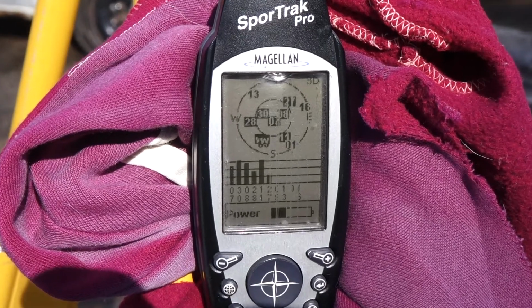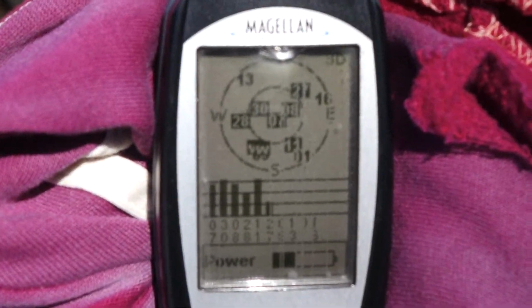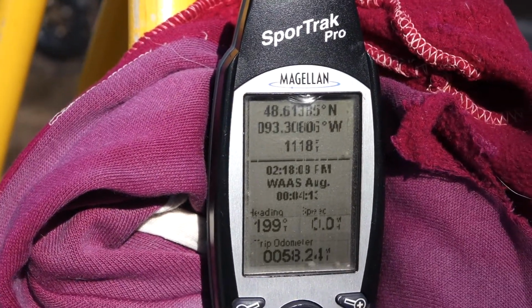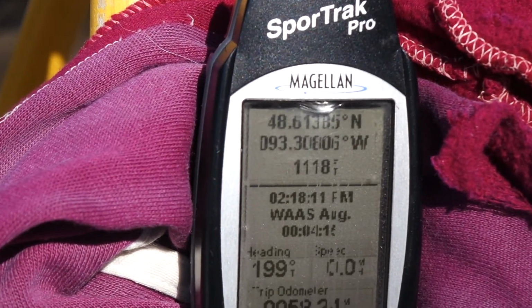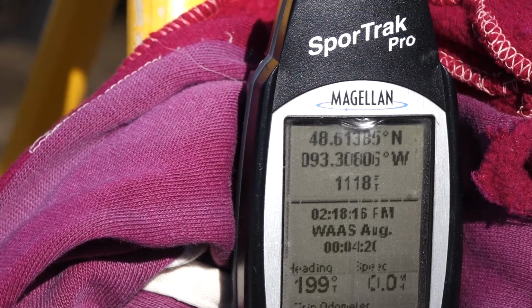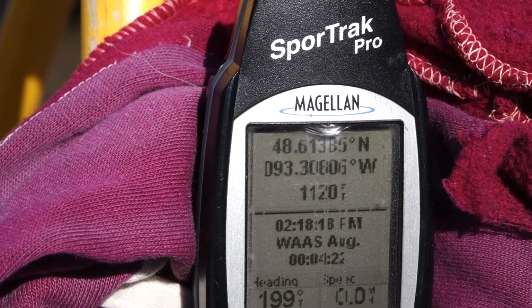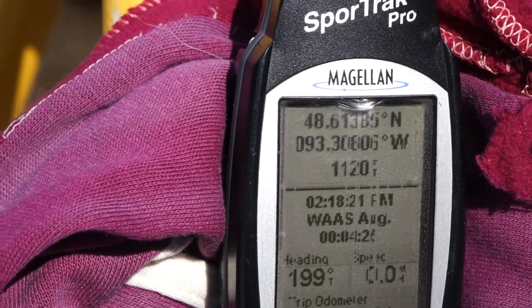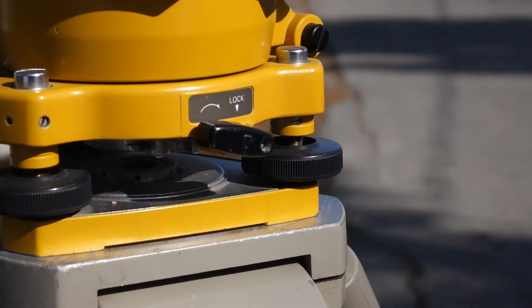Right now it's indicating the satellites that it's acquiring, and we'll go to the positioning, and we're on WAAS averaging. So here are the coordinates of the theodolite, and I'll take the GPS with me when I'm installing the poles, and we'll get the coordinates there. But right now I'm going to go ahead and measure the distance.